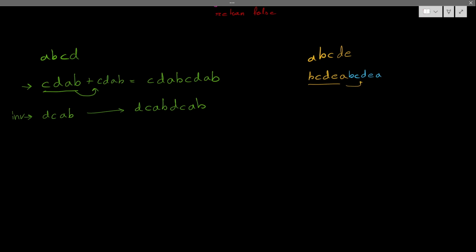So first check, if my string's length is not equal to goal's length, then always return false.